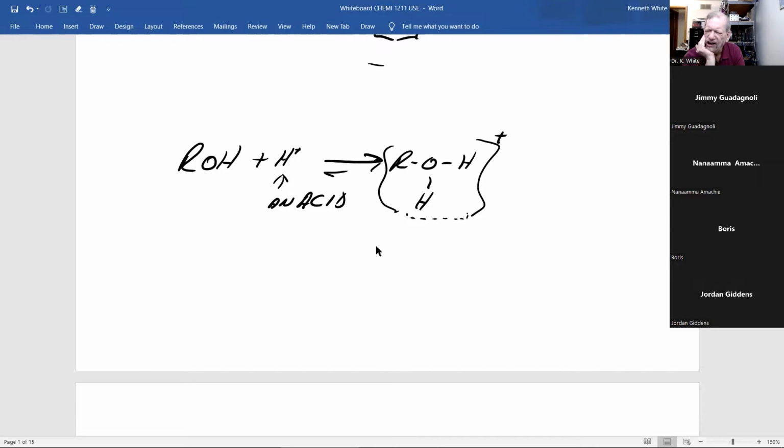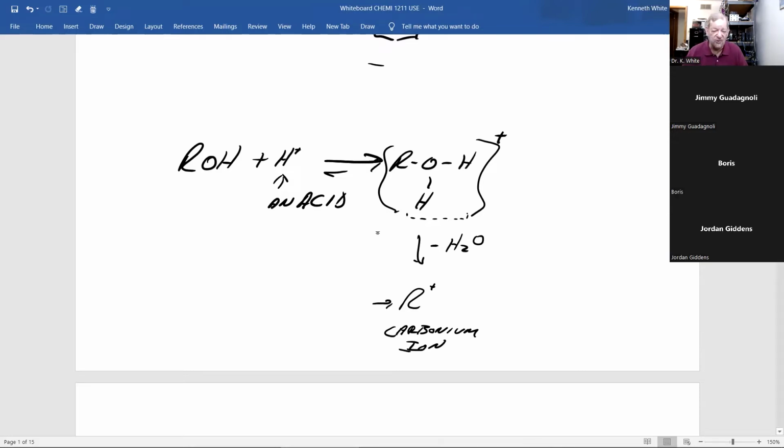Two hydrogens and oxygen. H2O, water. And this leaves, and we'll learn later on, the important reaction, this first step where you add an acid, and you lose water, and you form a very reactive species called the carbonium ion. And these carbonium ions are really, really reactive, but this won't be on the test.